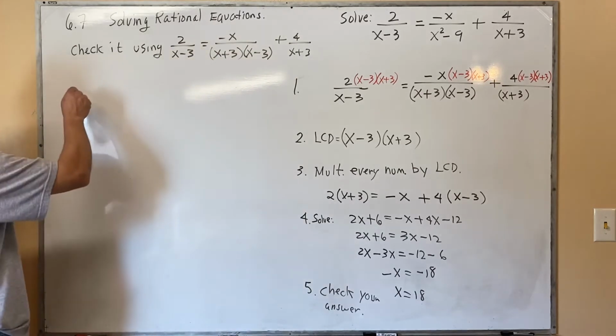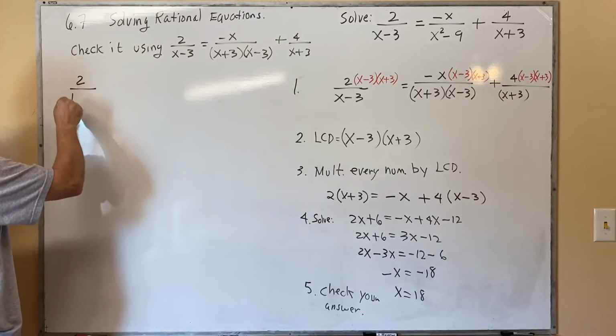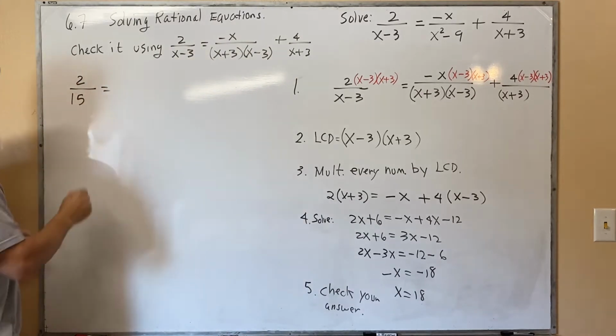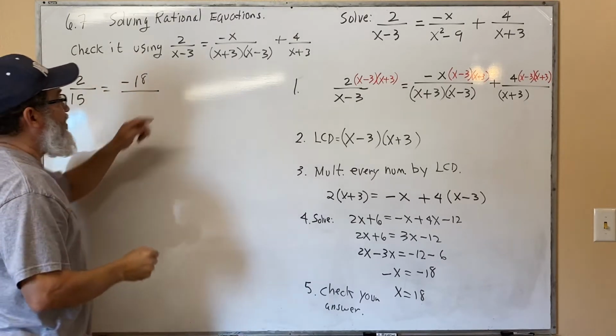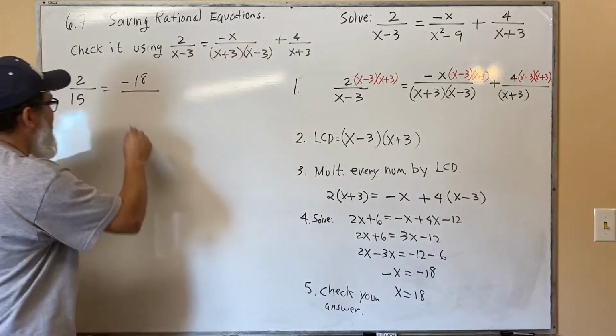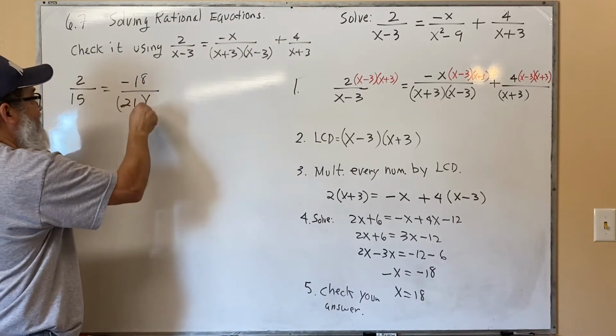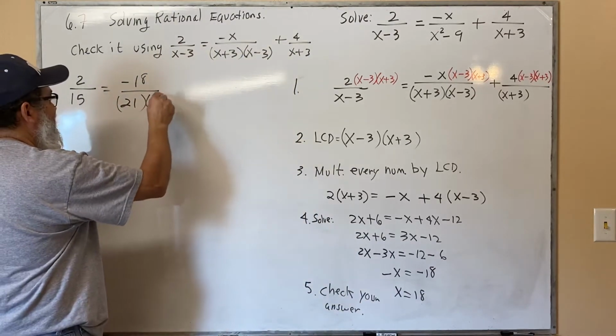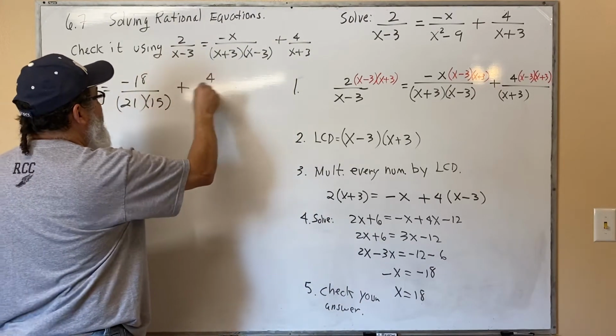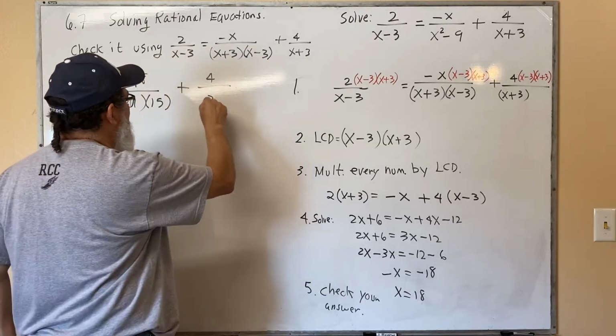So that's 2 over 15 equals negative 18 over 18 plus 3, 21, times 18 minus 3, 15, plus 4 over 18 plus 3, 21.